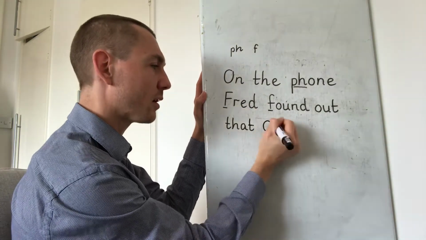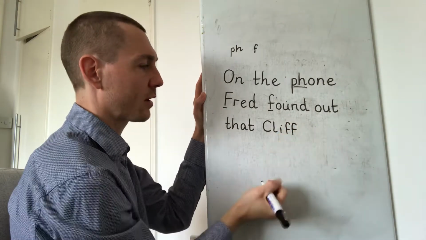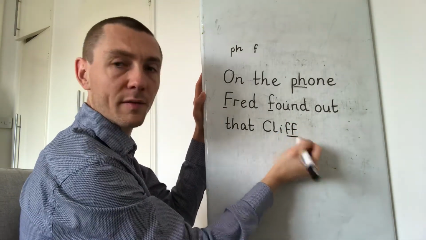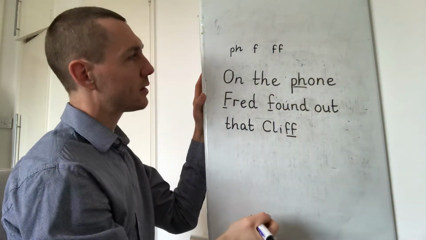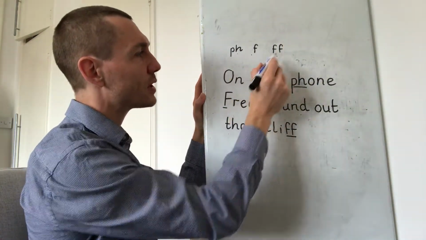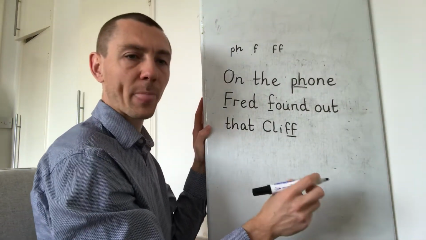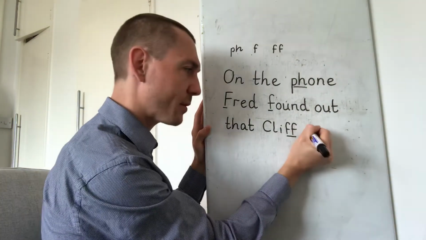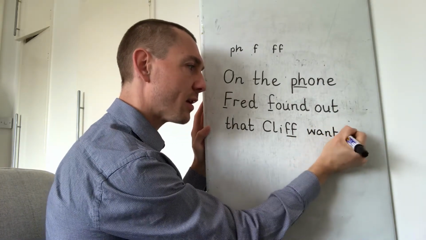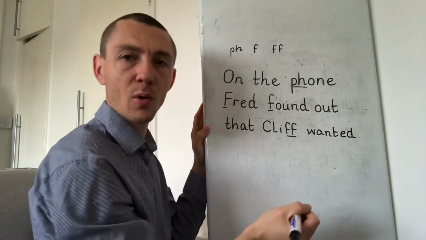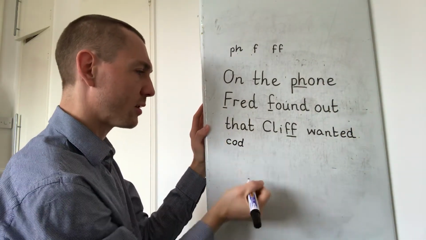Cliff. K, I, F. spelling of f in Cliff. Just check that one. 3 spellings so far, but just the same f sound. Found out that Cliff wanted codfish with his chips. Wanted. Cod, k, o, d.